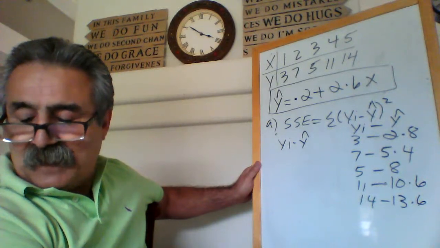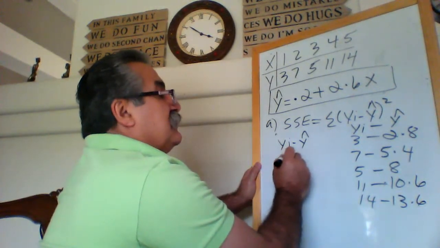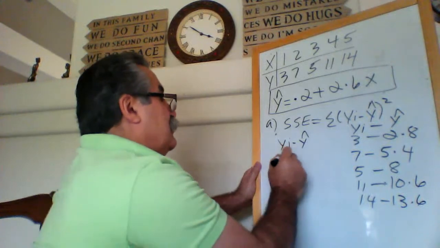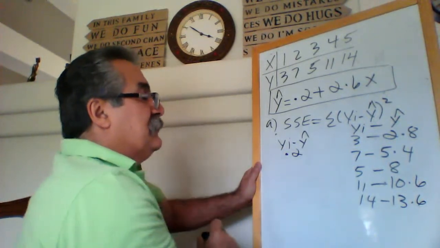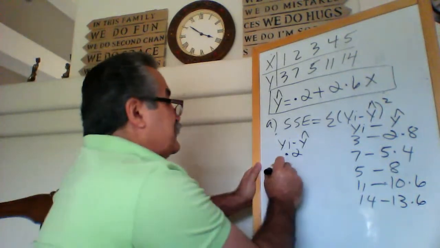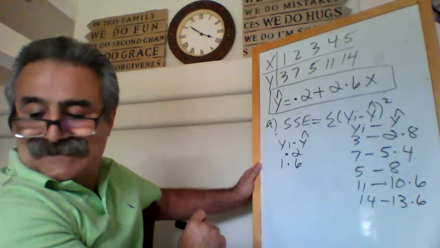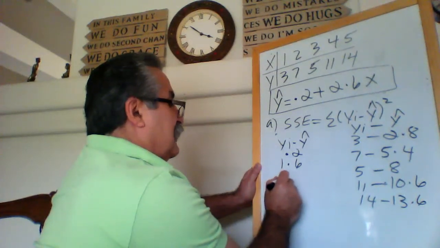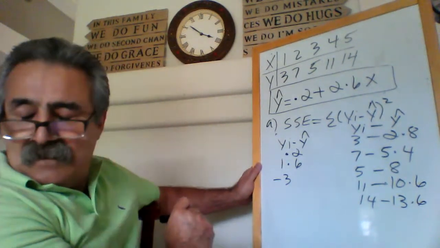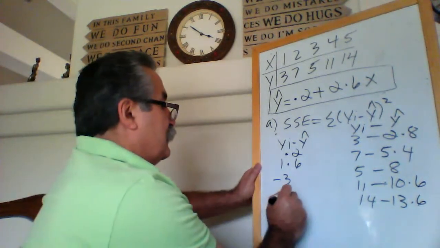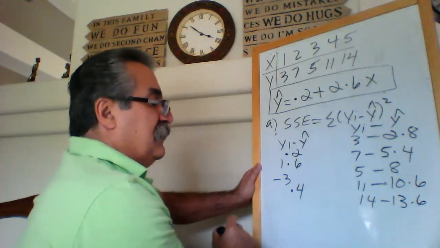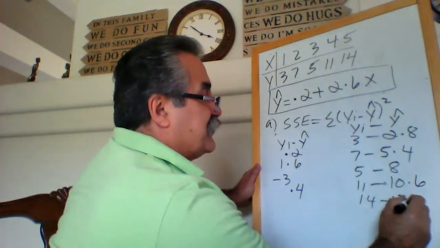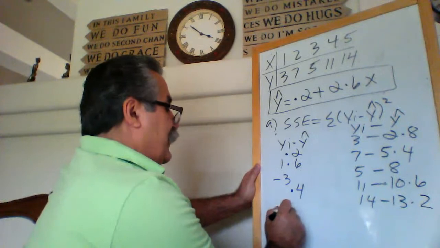I have 0.2, 1.6, -3, and then 0.4, and this is 13.2, and this is 0.8.